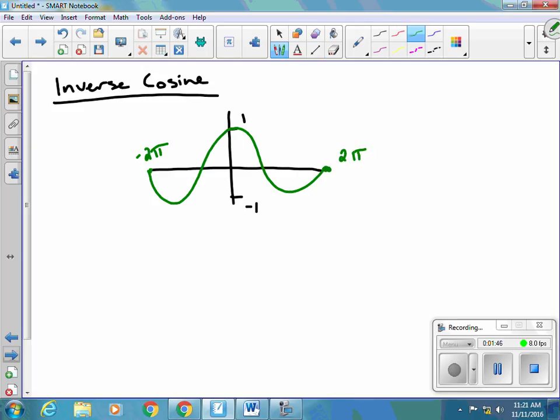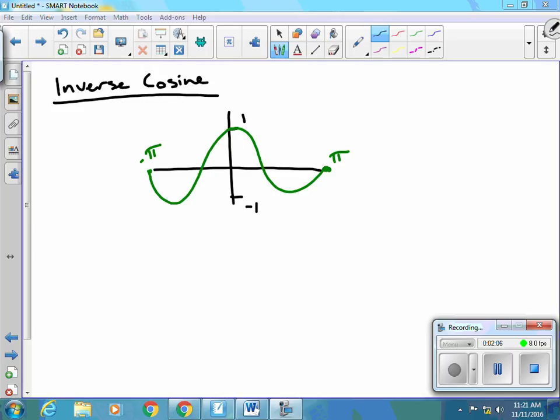Ooh, sorry, I'm off here. This would be -pi, and this would be pi. So we have a full wave there, but the whole length is 2 pi. So what the inverse actually looks like is a little bit different.